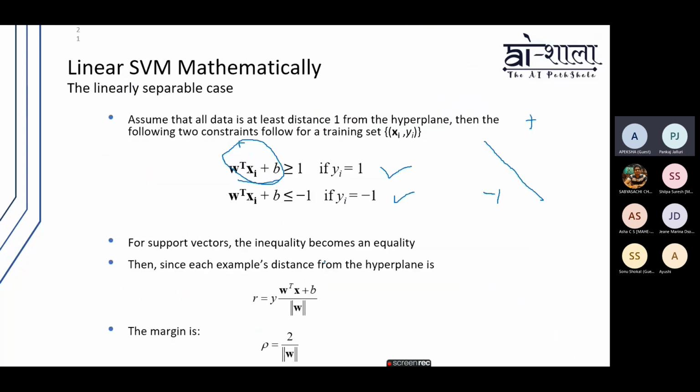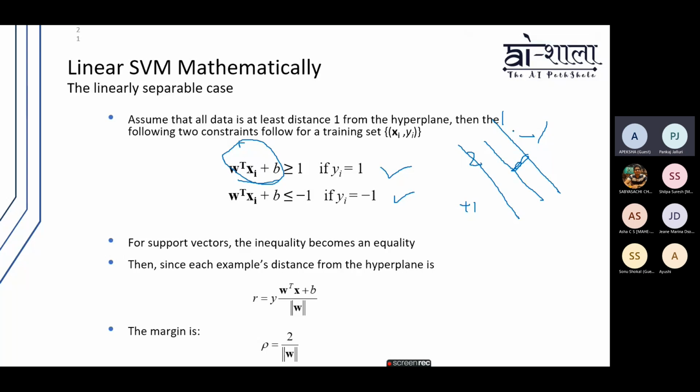So this is minus one and this is plus one. So this is the equation of these two lines, line number one and line number two.